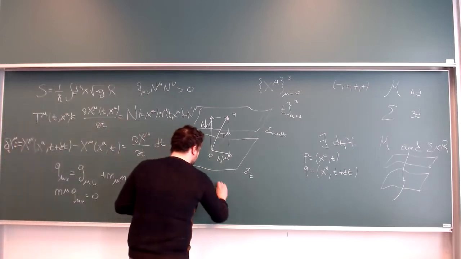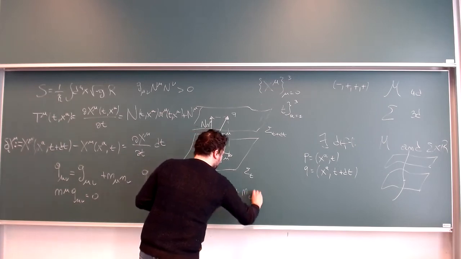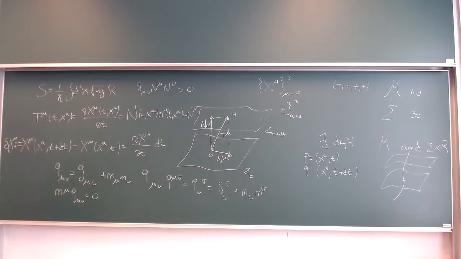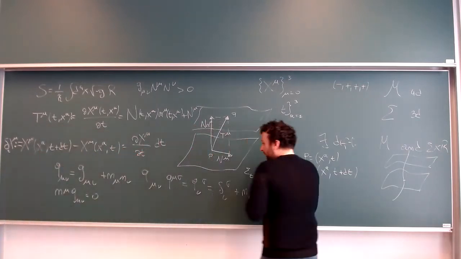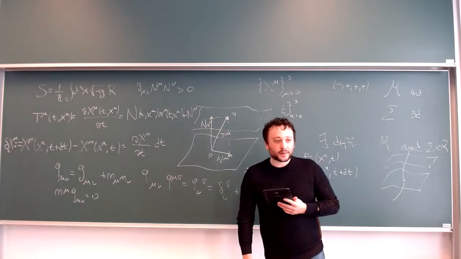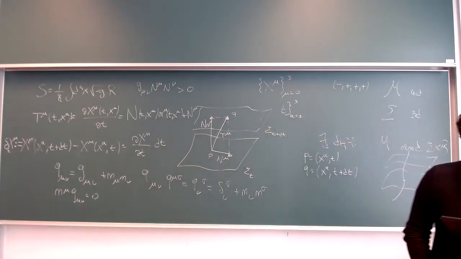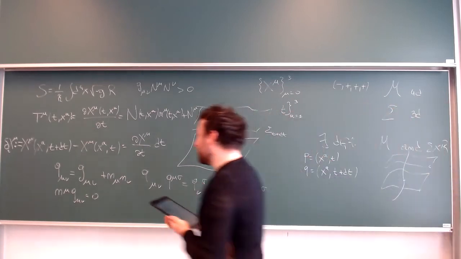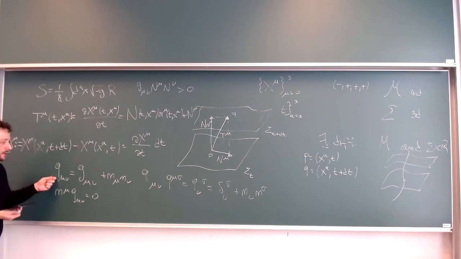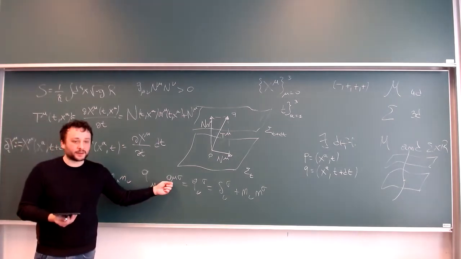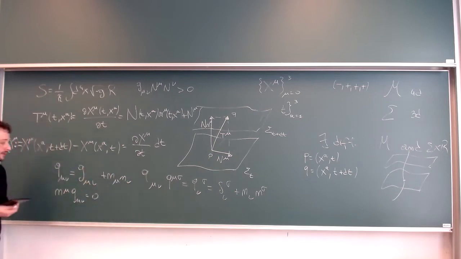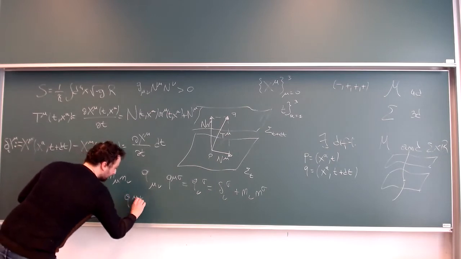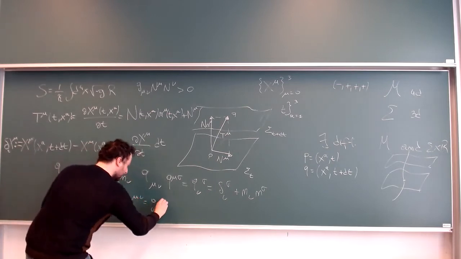Okay, this is just delta mu sigma plus n mu n sigma. Okay, but this is not a problem, of course. Then, once we define this new... Well, I mean, you didn't really say what q with indices are. Oh yeah, we have to raise the indices with g mu nu, not of course with itself in this sense. So we have that q mu nu equals q mu.